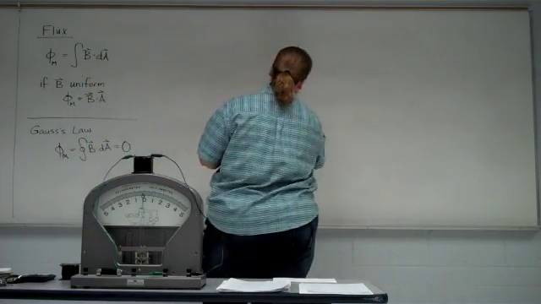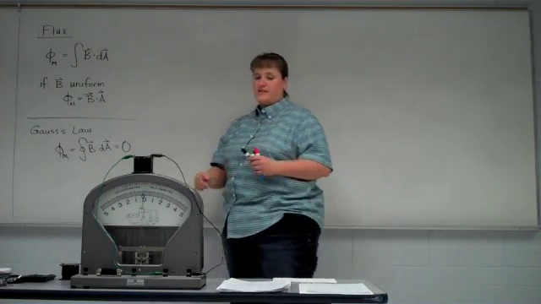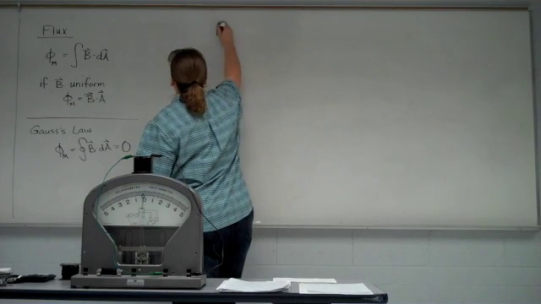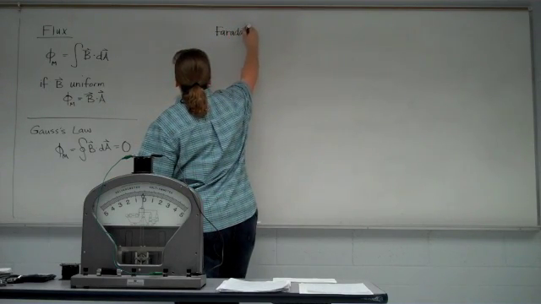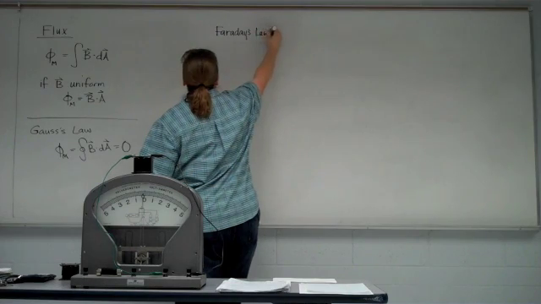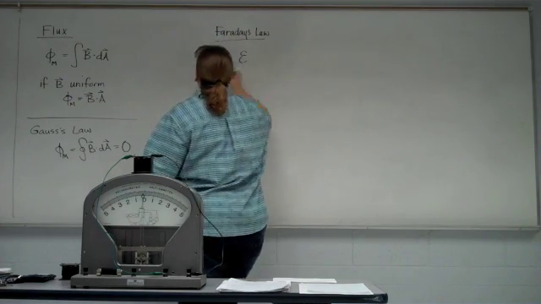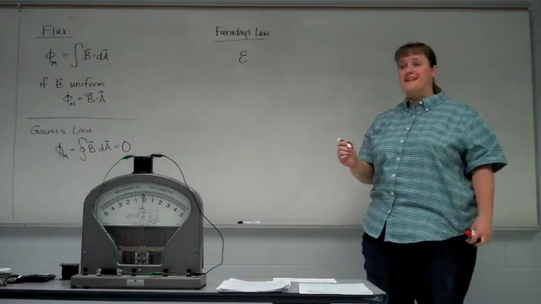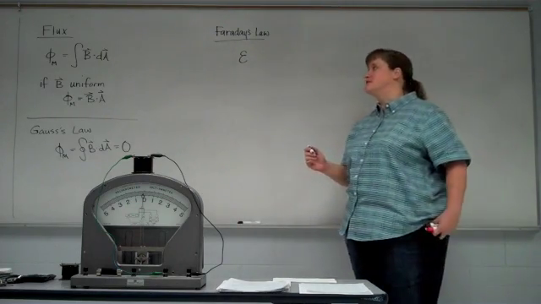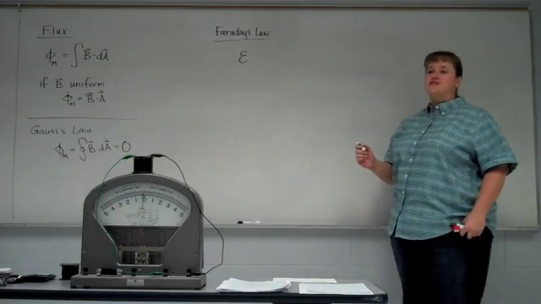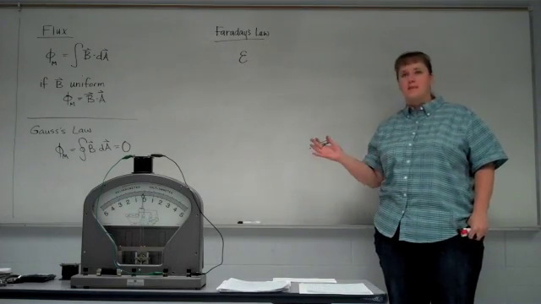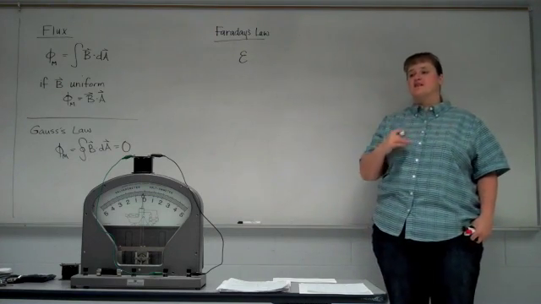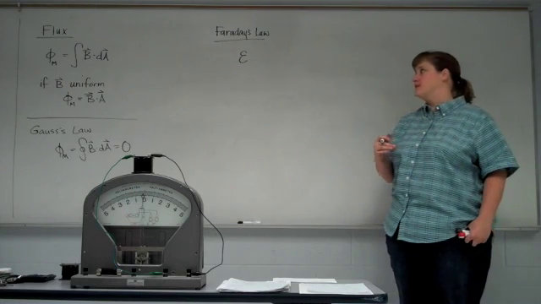The equation that describes that induction is called Faraday's law. We're using epsilon again to represent an EMF, meaning a voltage, a potential difference. This is an induced voltage. It's not from a battery, it's not from a power source, but it does exist as long as we're changing the flux somehow.